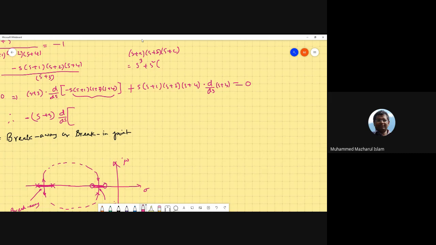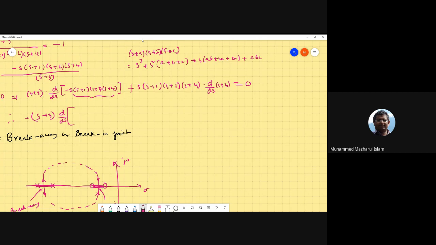Do you remember? A plus b plus c, plus s into ab plus bc plus ca, plus abc. So this is the formula. If you remember, you can use that formula directly.